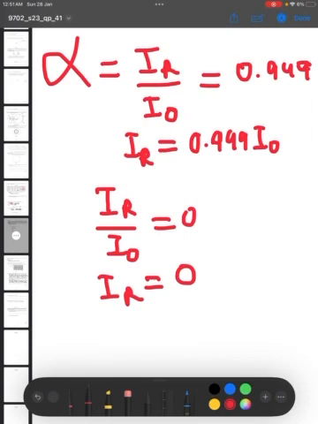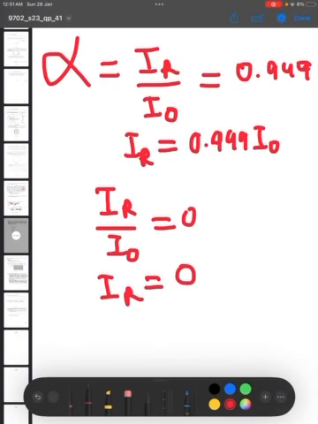So alpha being 0 or alpha being near 0. Near 0 in this case is not 0.999 because actually the scale is from 0 to 1. So 0.999 is close to 1, whilst, for example, 0.00001 is close to 0.